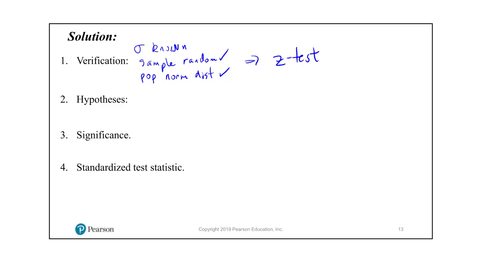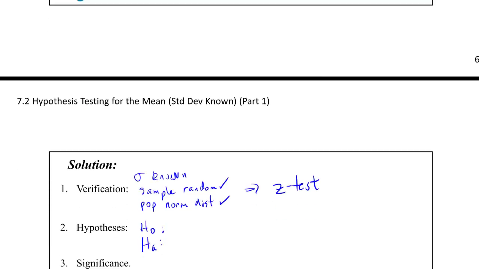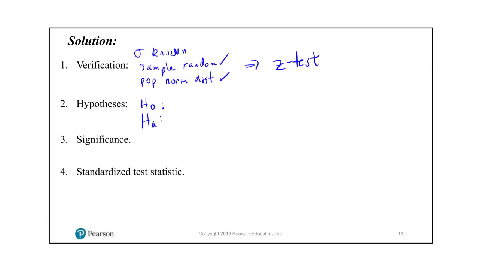All right, the hypotheses, H naught and H sub A. So let's go back and see what was stated there. Mu not equal to 68.3 was the claim. Since it does not have the equals in there, it must be the alternative. Mu equals 68.3 must be the null hypothesis, H naught.